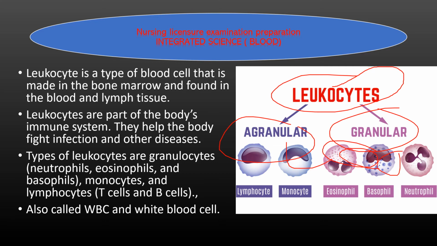Agranular blood cells are lymphocytes and monocytes, and granular cells are eosinophils, basophils and neutrophils. It will be very easy to remember using NEB: granulocytes are neutrophils, eosinophils and basophils, and the remaining are agranular.